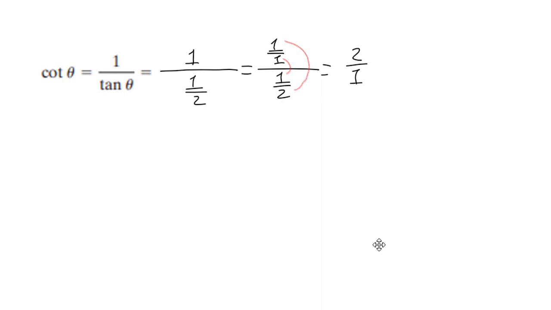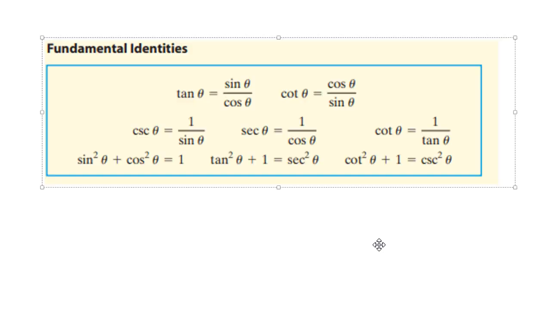It's 2 over 1, which is 2. Then cotangent of theta is equal to 2. Okay, other fundamental identities we're going to use are: sine squared of theta plus cosine squared of theta is equal to 1, and tangent squared of theta plus 1 is equal to secant squared of theta.